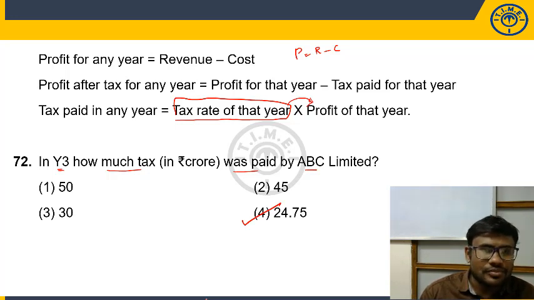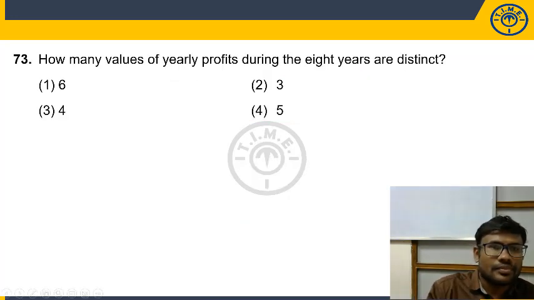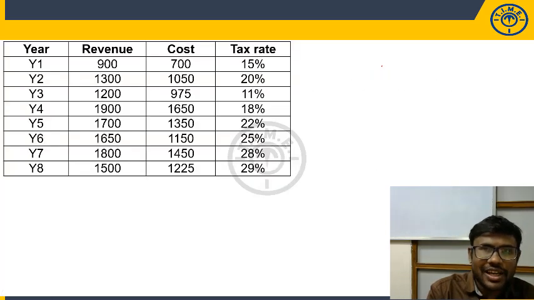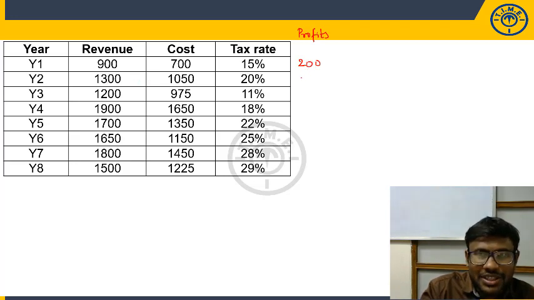Next. How many values of yearly profits during the 8 years are distinct? How many distinct values did you get? For that we should calculate the profits. So 900 minus 700, that is 200. 1300 minus 1050, that is 250. 1200 minus 975, that is 225.